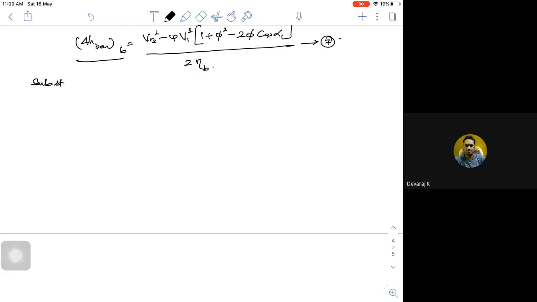Substituting equations 4 and 7 in the degree of reaction expression. If I substitute, what am I going to get?